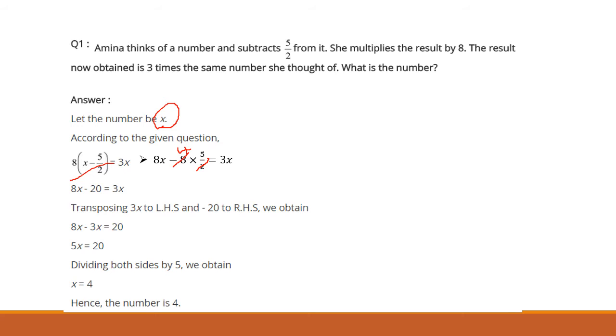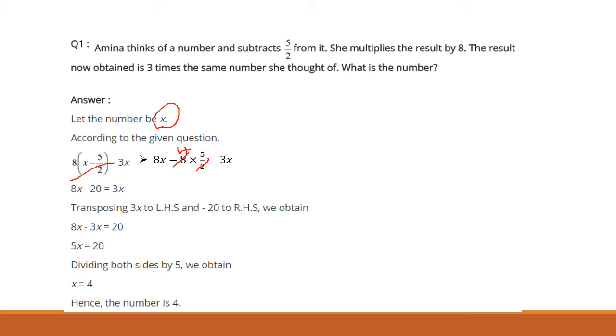Now write down the 8x as it is, then the minus symbol also as it is, then 4 5s are 20. If we simplify this linear equation, we get 8x minus 20 equals 3x.